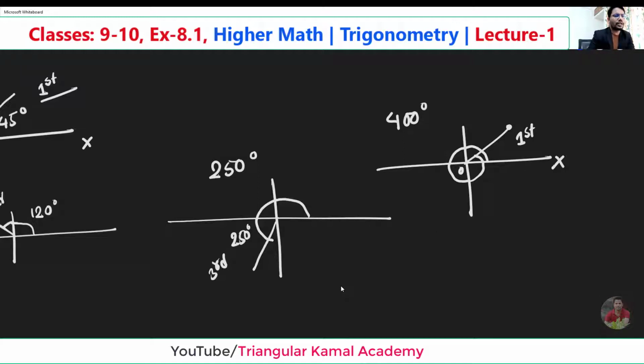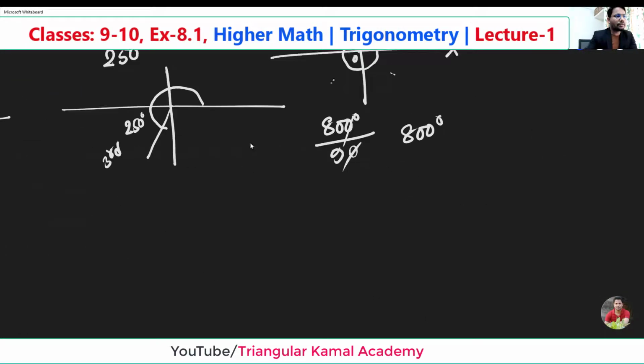In the same way, if you are asked to identify the position of 800 degrees, we have to rotate successively. The easiest way is to divide by 90, then you will get 8 point something, which means 9 steps. So first, second, third, fourth, fifth, sixth, seventh, eighth, ninth. So 800 degrees will lie in the first quadrant. These are all positive angles, always counted anti-clockwise.